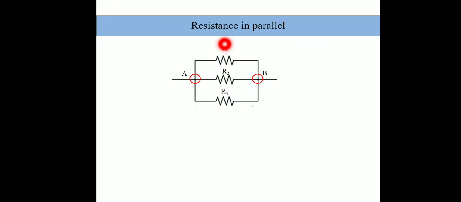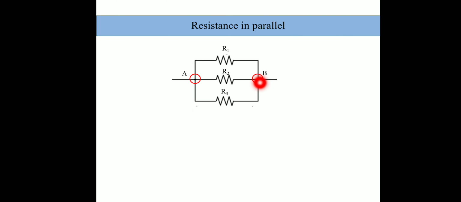So what we find is that all three resistances have their left hand side connected to the same point, and the right hand side of all three resistors are connected to the same point.